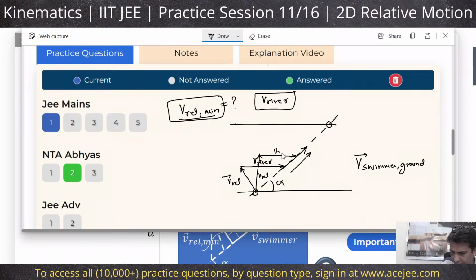What are the scenarios we can have? The swimmer might decide to travel in, it's getting crowded here. Let me erase them and redraw another scenario.